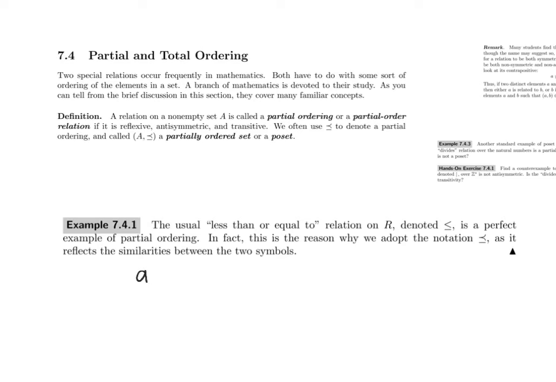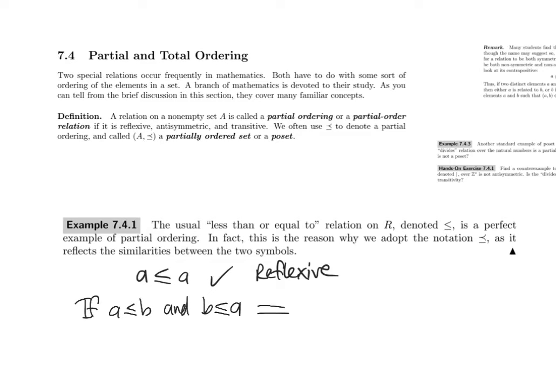So just a quick reminder of how that works. If I have a number a, I know that a is less than or equal to a, so that verifies reflexive. I know if a is less than or equal to b, and b is less than or equal to a, that implies that a equals b, and this is exactly what it means to be antisymmetric.